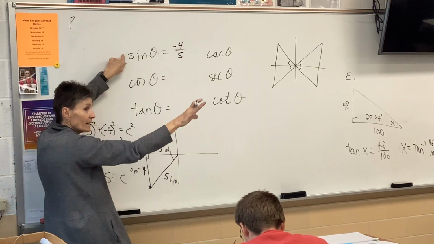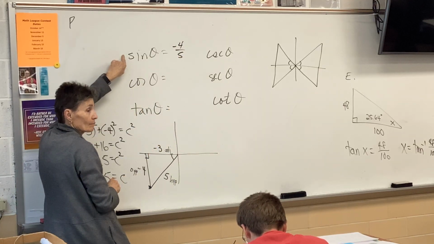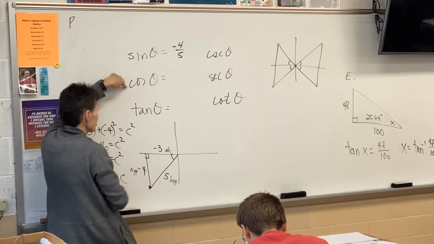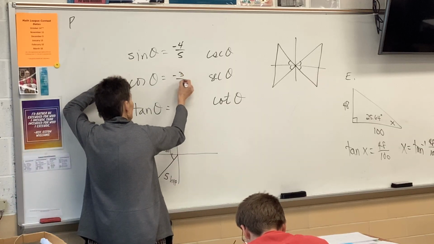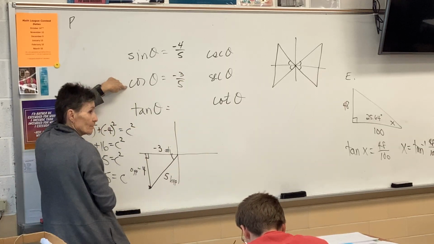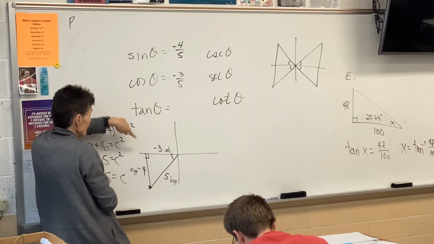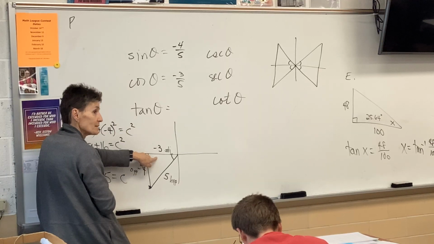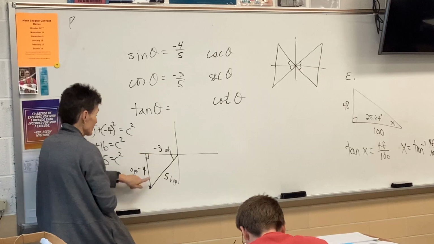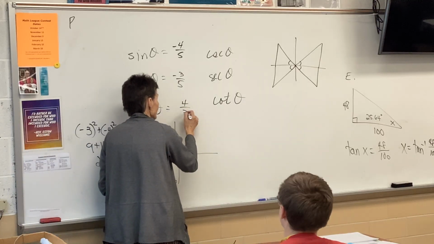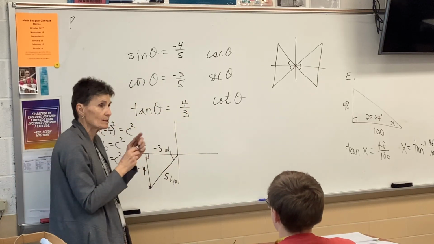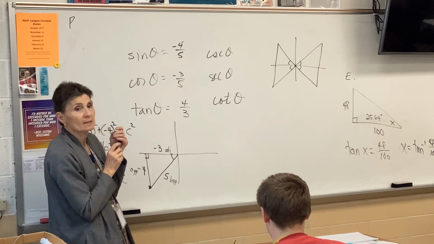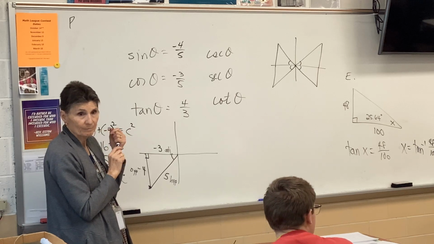You gotta have the negative. Cosine is -3/5. And tangent, opposite over adjacent, would be +4/3. Why is the tangent positive? Because it's a double negative.